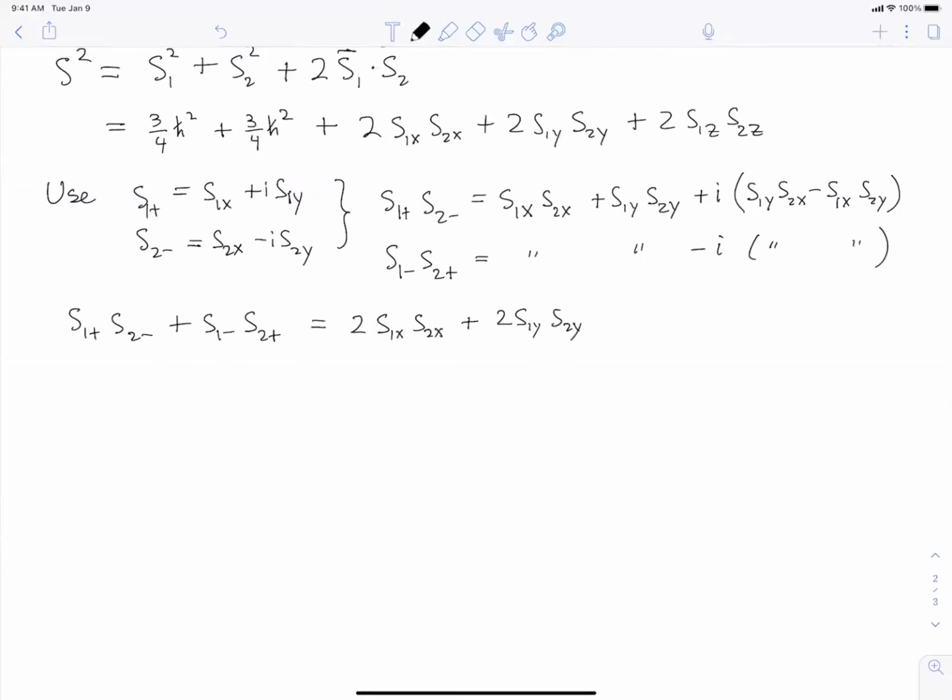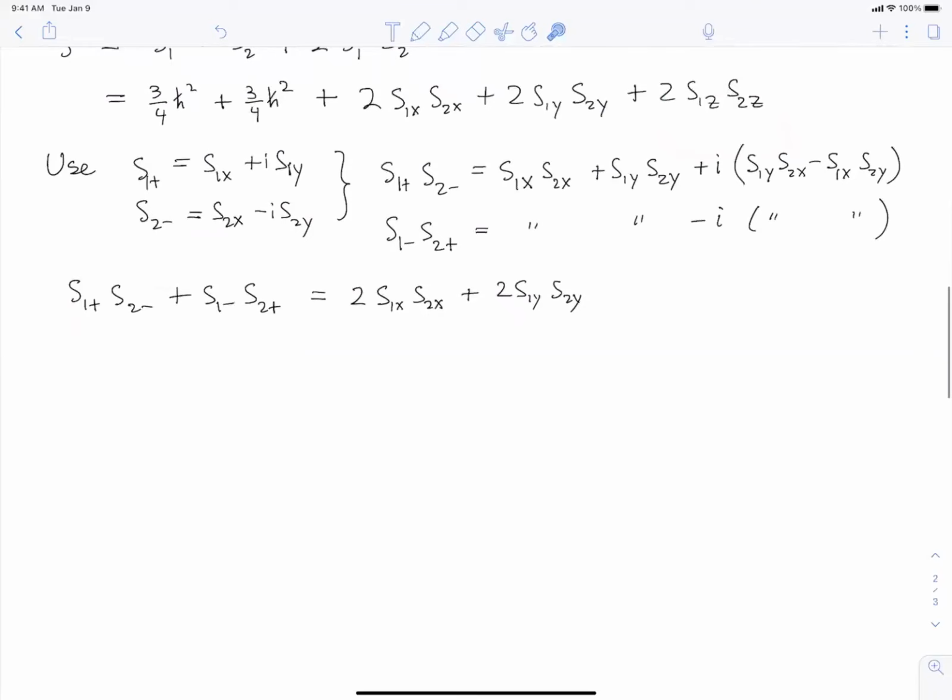So now we can take this combination right here and replace it by that. That's going to be a good idea because the plus and minus spin operators act nicely on product eigenbasis states. And then what's left over is the z component ones, but the z component ones are simple because we're using eigenstates of S1z and S2z.